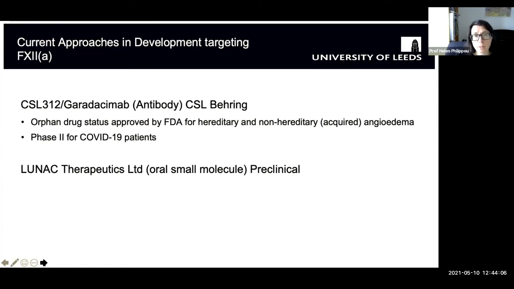They're also looking at using this antibody in patients with COVID-19, so there are trials underway at the moment. Lunac Therapeutics is developing oral small molecule inhibitors, and they're at preclinical stage. Next slide.